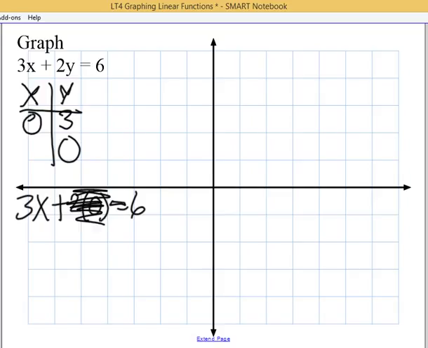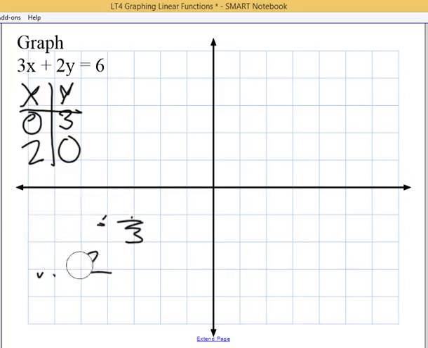So 2 times 0 makes nothing, and I divide both sides by 3, and I end up with x equals 2. And now we can go ahead and graph those 2 points. 0, 3 is right here, 2, 0 is right here, and then we can draw a line through both of them.